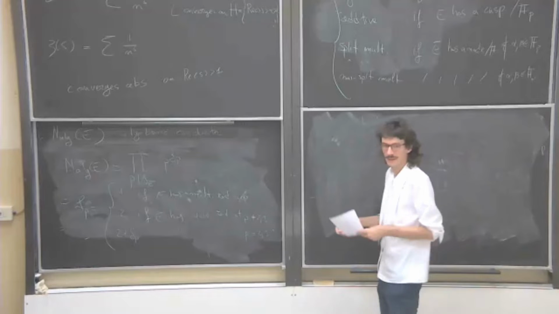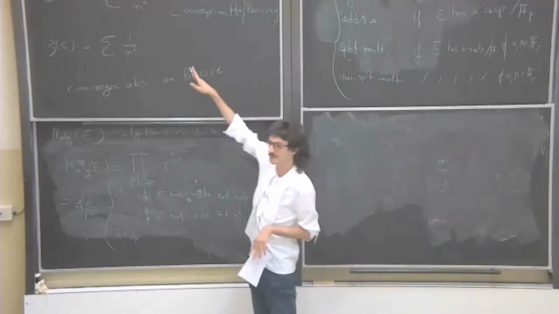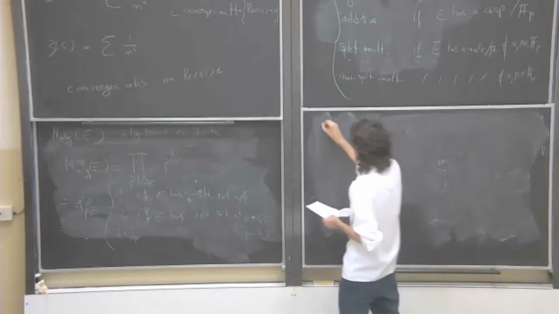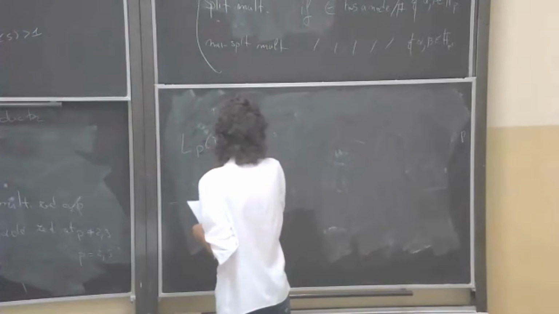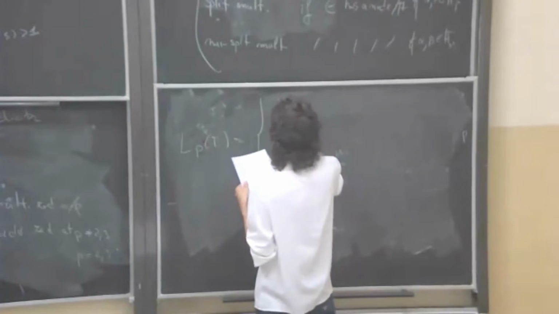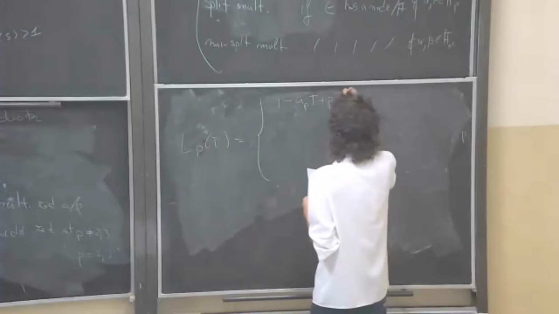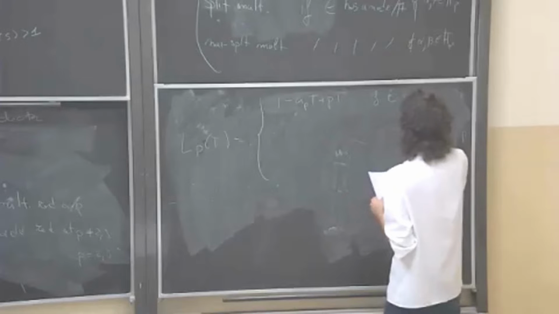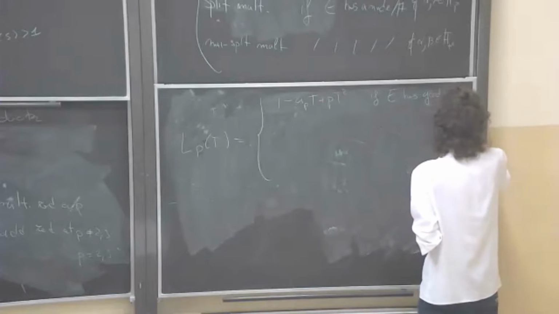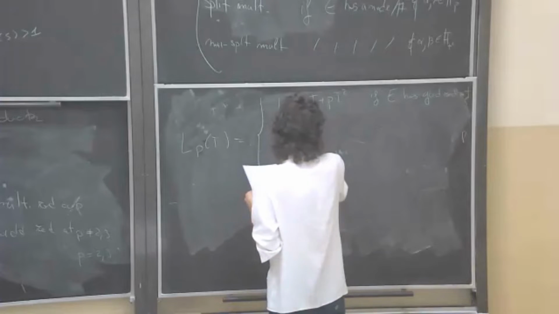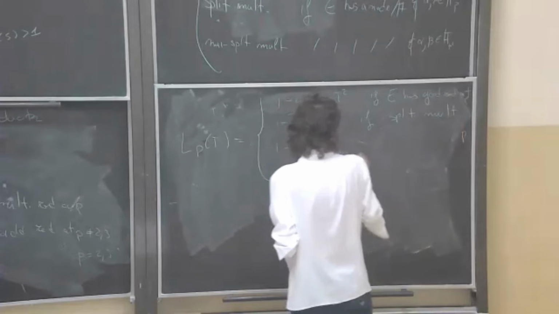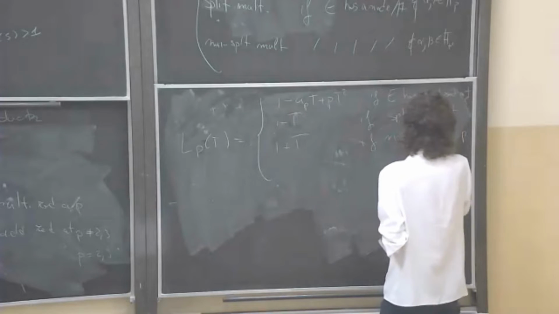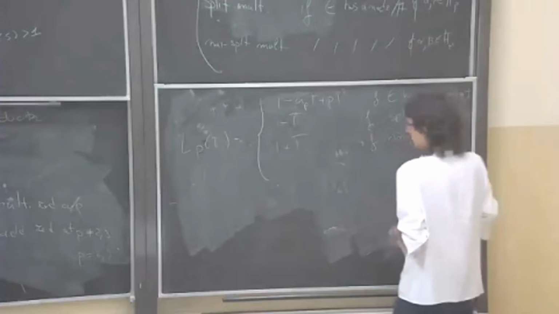To define the L function of an elliptic curve, instead of defining a straight-up series, we define an Euler product, and to do so we have to define what is called an Euler factor at P, which is a polynomial LP of T. One sets LP of T to be equal to 1 minus APT plus PT squared if E has good reduction at P, 1 minus T if we have split multiplicative, 1 plus T if E has non-split multiplicative, and 1 if additive.